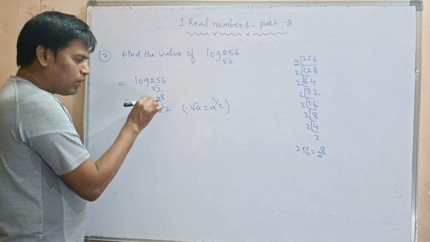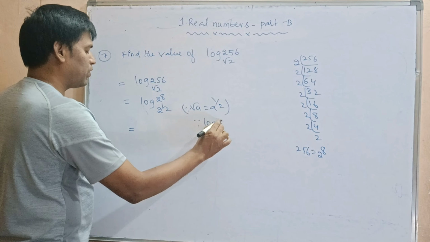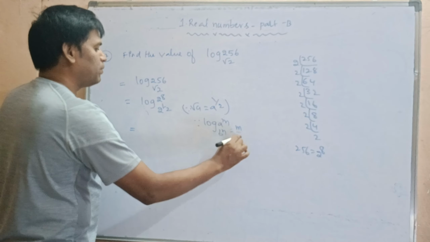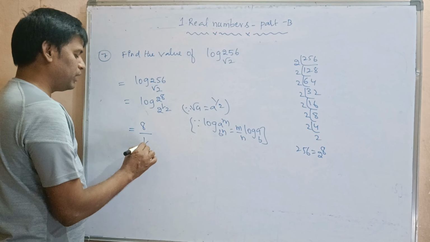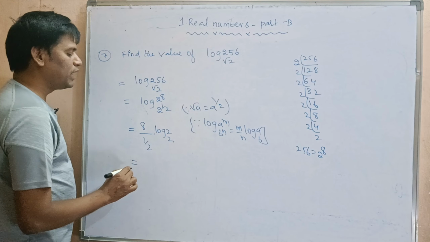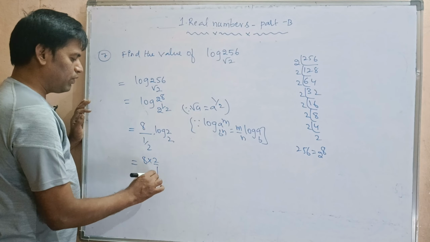Again here one formula is there: log a power of m base b power of n is equal to m by n log a base b. So here 8 by 1 by 2 into log 2 base 2. Now you will get 8 into 2 by 1 into log 2 base 2, whose value is equal to 1. Here you will get 16.